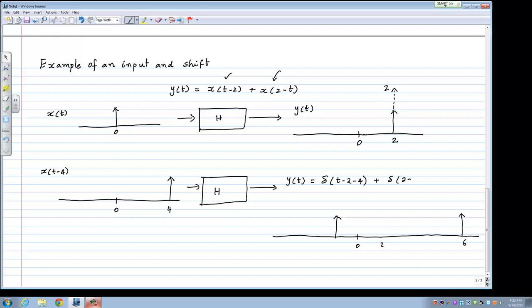So it's delta of 2 minus t minus 4. Right? So this is delta of t minus 6 plus delta of negative 2 minus t. So indeed, this is this part and this is this part. Delta of negative 2 minus t is the delta occurring at t equal to negative 2, because when I plug in t equal to negative 2, the argument goes to 0.